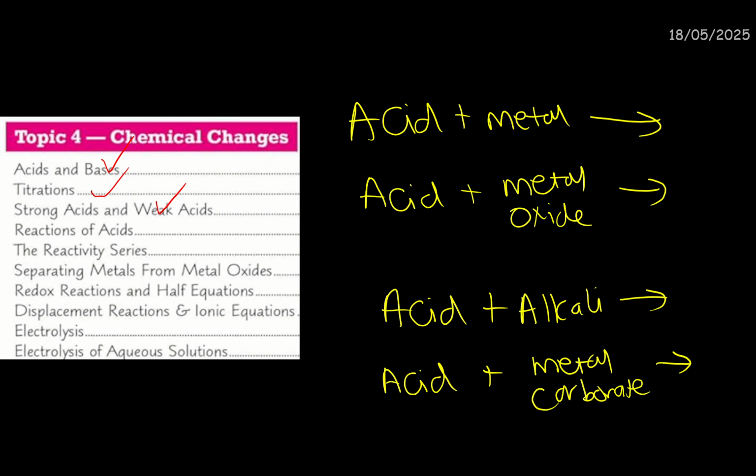We get a lighted splint and that makes a squeaky pop. Very good. Anaya, do the second equation. Acid and metal oxide goes to? We always go to a salt, and if it's got oxide, it goes to water. Yeah, salt and water. Acid and alkali is also salt and water.